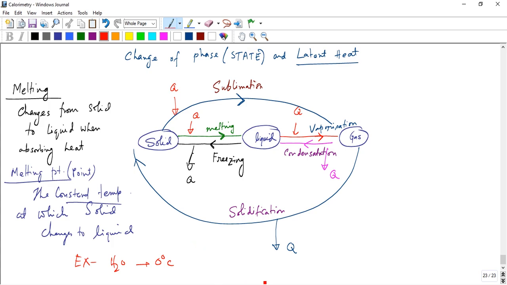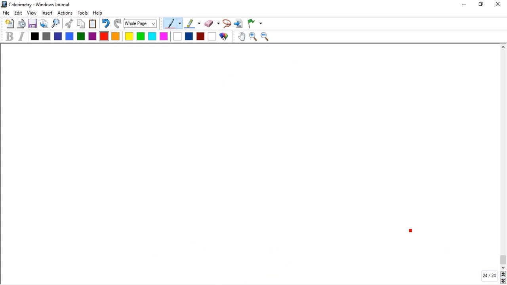Another important thing to discuss here is melting and freezing. If we have 0 degree centigrade ice, when it absorbs heat, then this ice converts into 0 degree centigrade water.